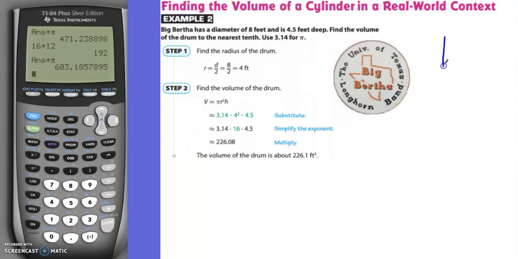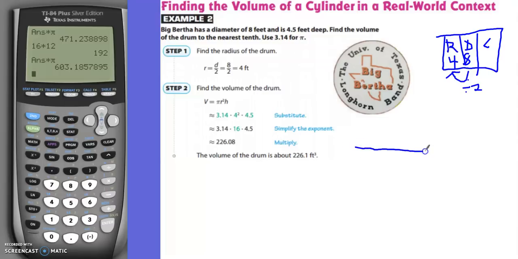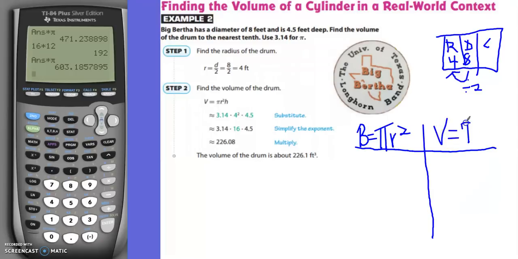Alright, so if we do an RDC table, we have 8 as the diameter. 8 divided by 2 is 4. So we're going to find the area of the base, pi r squared. Volume equals big B, or area of the base, times height.